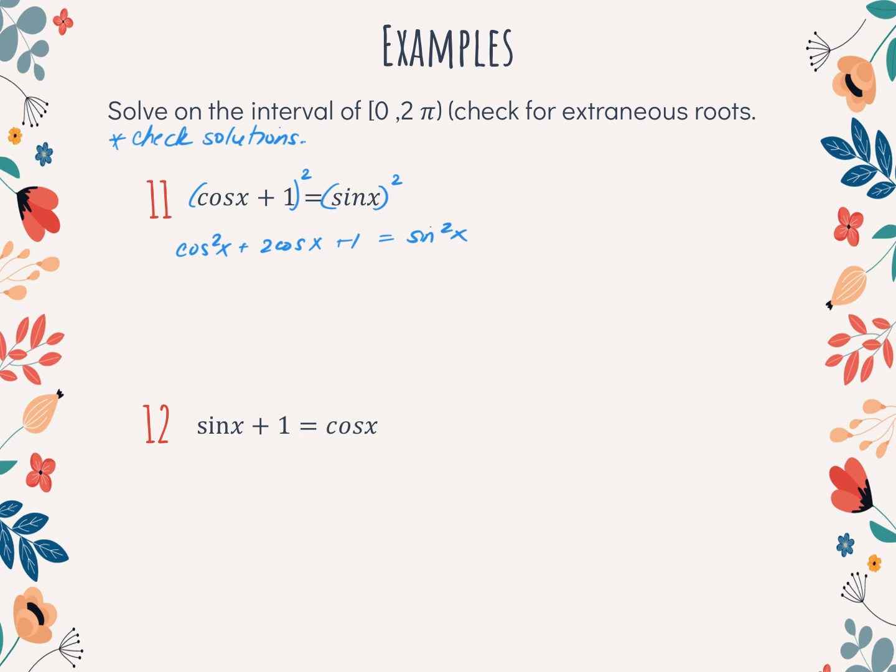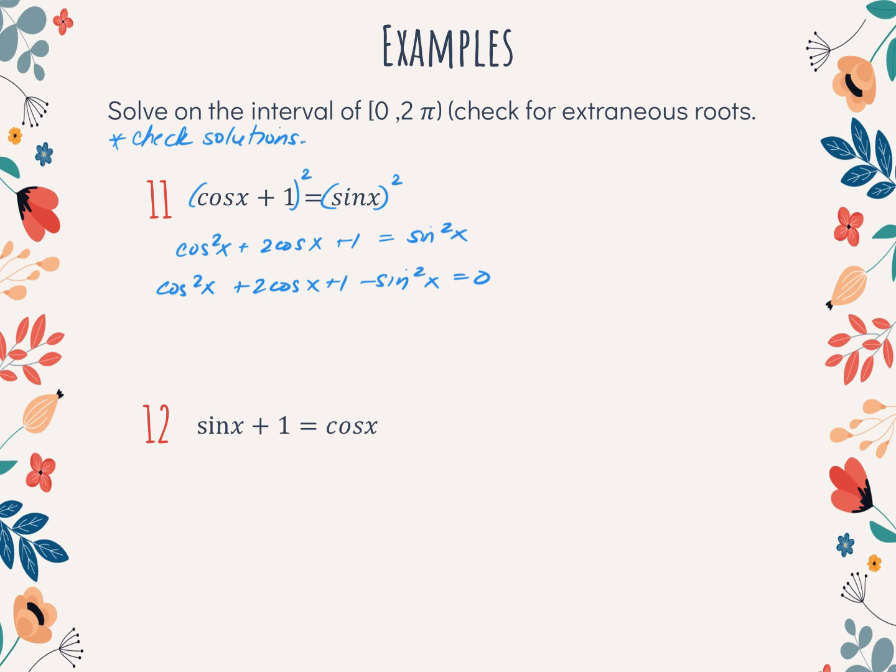Now, if I bring that over, I get cosine squared x, let's say plus 2 cosine x plus 1 minus sine squared x equals 0, like that. And then I can kind of start to see, okay, I might be able to do something here and solve. So one thing that's kind of jumping out at me is that the cosine squared x plus sine squared x, I know equals 1, but I don't really have something for this, so I can't combine those.